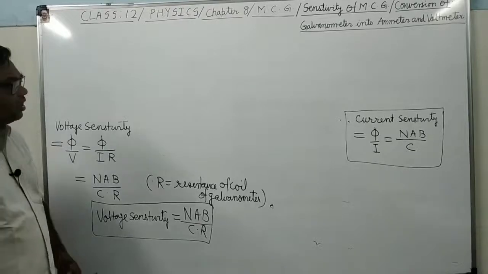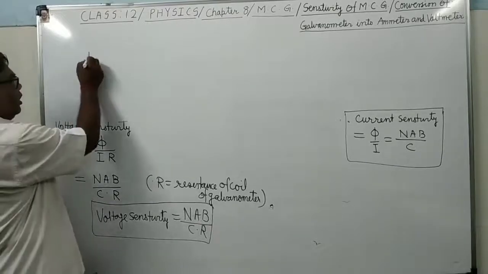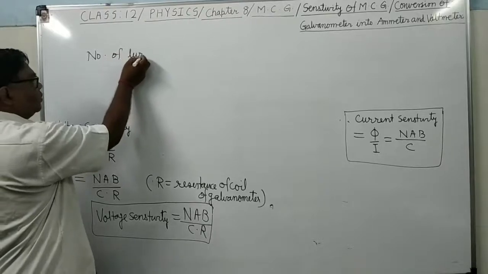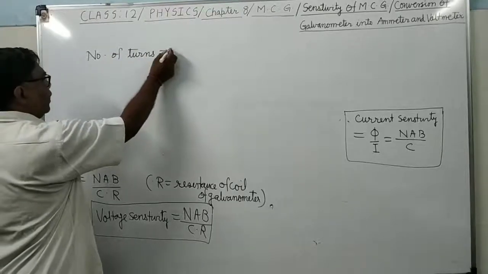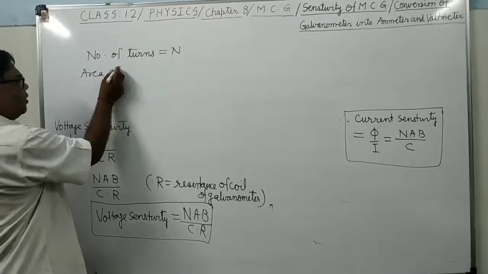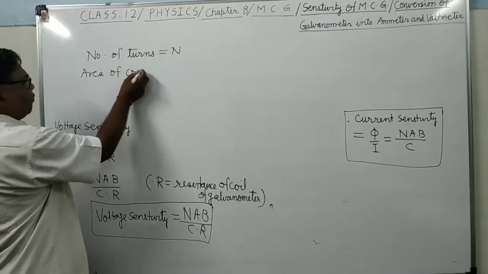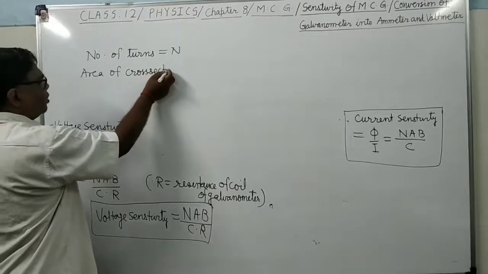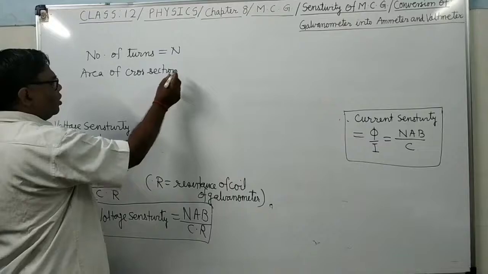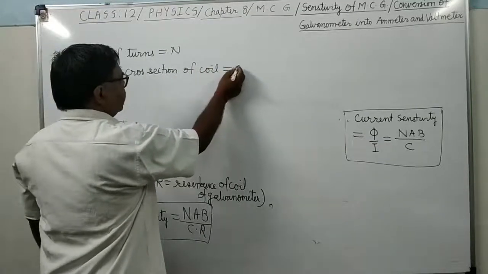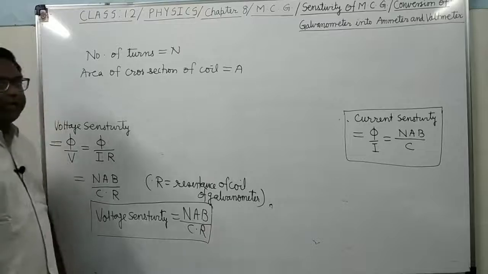But we cannot increase the number of turns N, and the area of cross section of the coil A, beyond a limit.